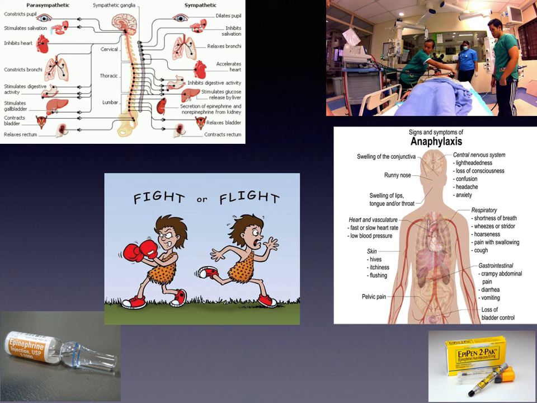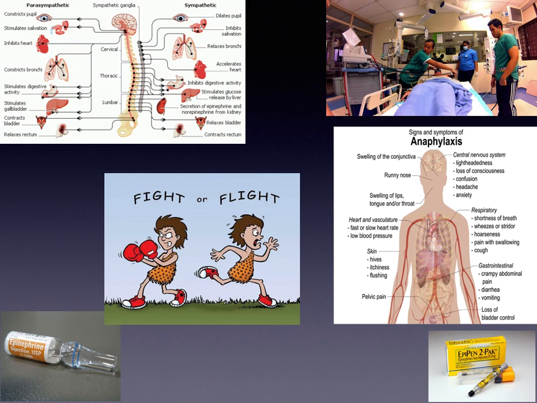Also, if you want to know dosing, for anaphylaxis and bronchospasm, typically I want to say 0.3 to 0.5 milligrams SQ or IM, 1 to 1000 dilution, and that inhibits histamine release and helps relax our bronchial smooth muscles.